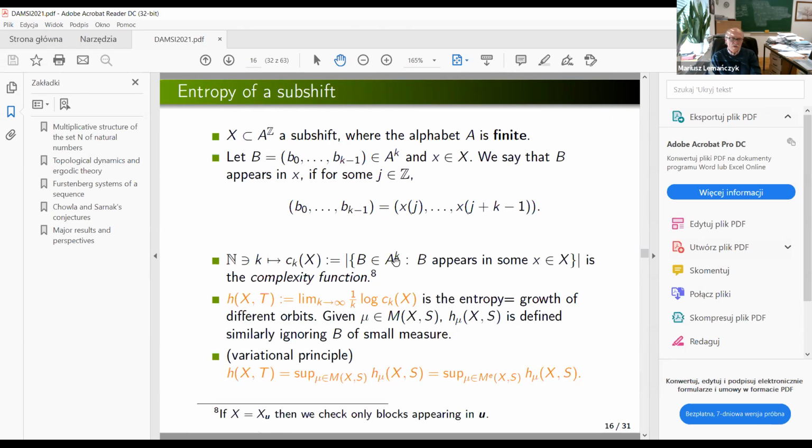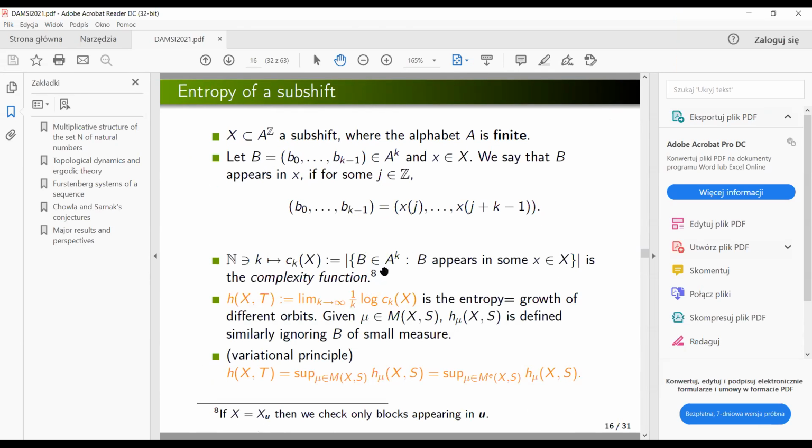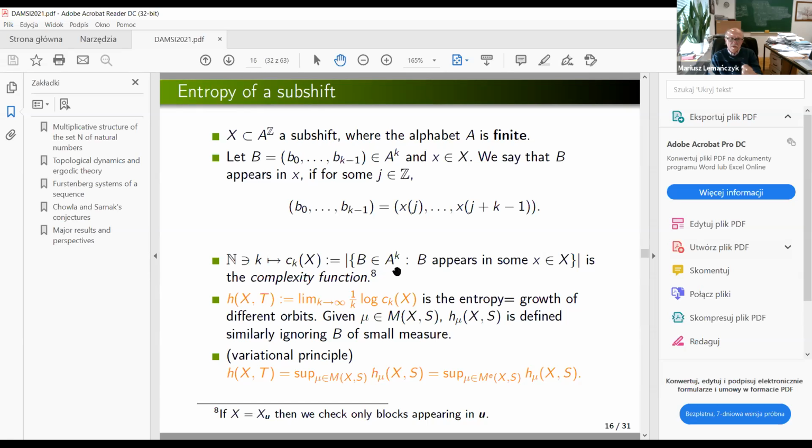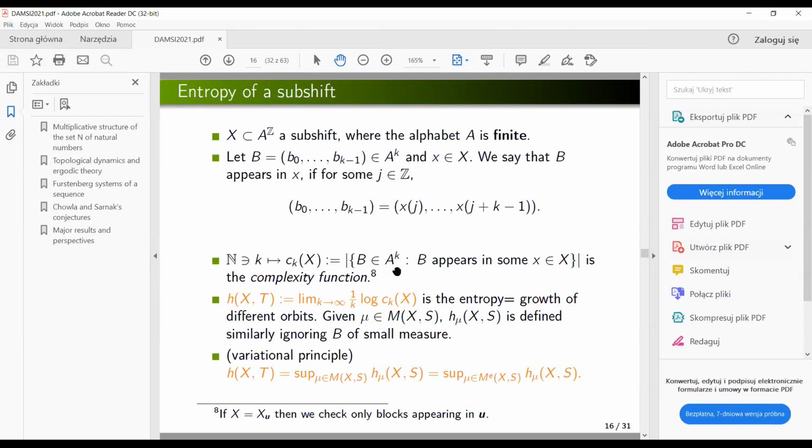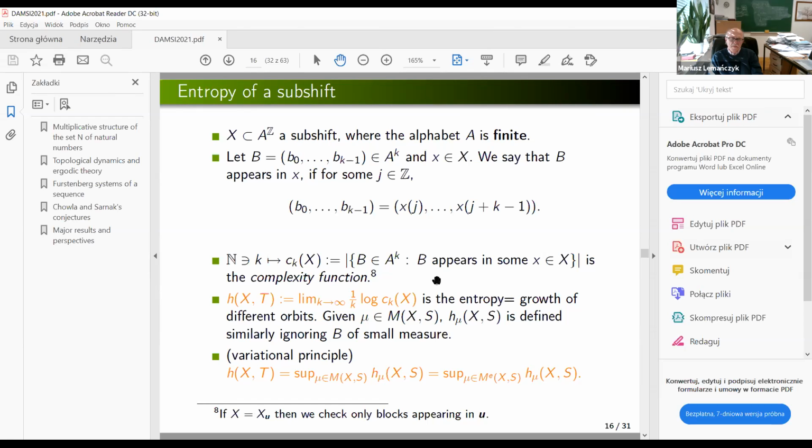If you look at the total number of blocks of length k, you will have 2 to the k potential blocks if you have just two symbols only. Otherwise, you have what you see here. But of course, maybe not all blocks really appear in some elements of my subshift.